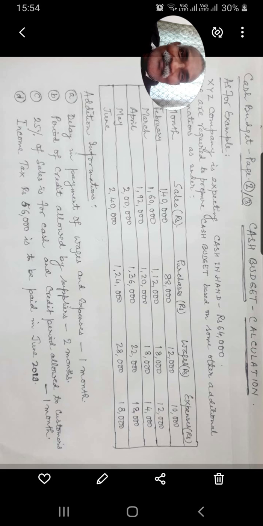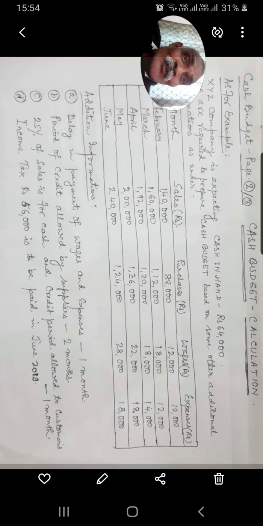No. After 1 month. It means what? This is called lag in payment, delay in payment. Delay in payment how much? 1 month. So salary of December, salary of January, where will you get? You will get the salary of January in the month of February.